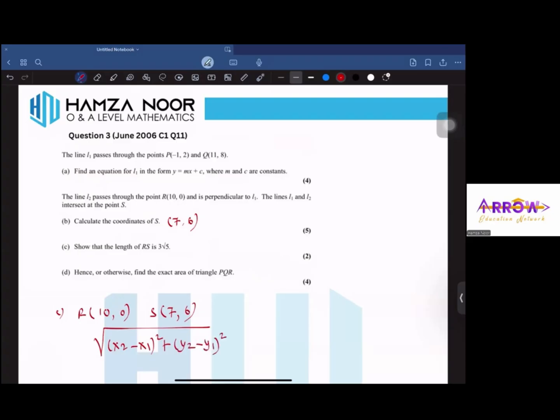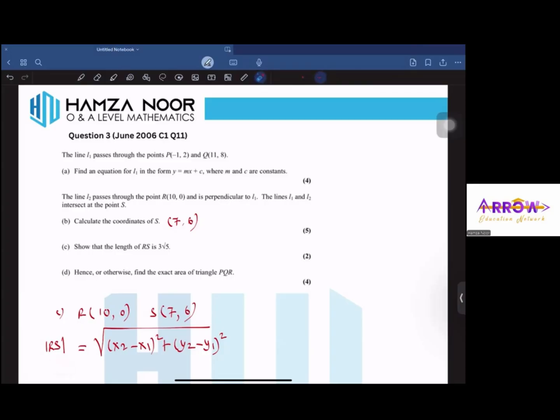This will give us the length of the line RS, which we can also say is the magnitude of the line RS, because the distance is always positive. This is a usual practice to express it like this. Otherwise, if you just write RS, that is also perfectly fine.